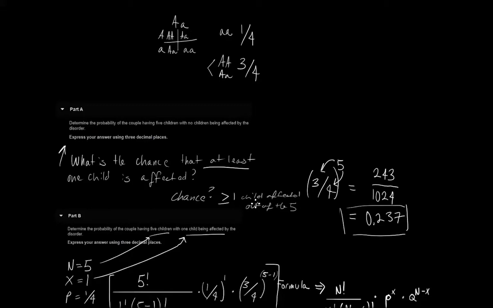One way you can quickly figure this out, where at least one child is affected, is to take 1 and you subtract this, the chance of all individuals being not affected. So the chance that all individuals are not affected by the disorder here, just like we did in part A, is going to be equal to 3/4 raised to the 5th.